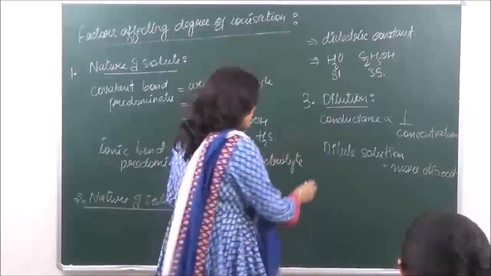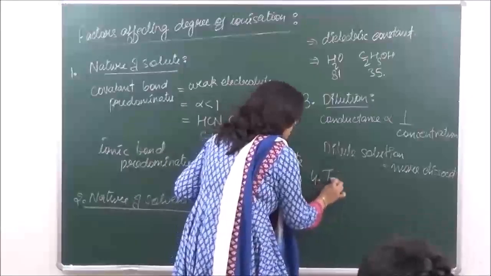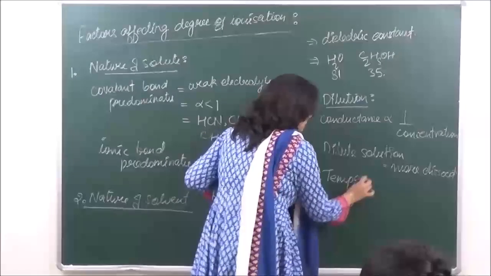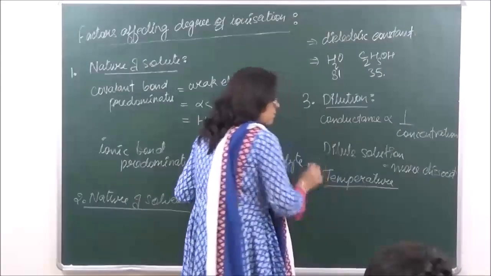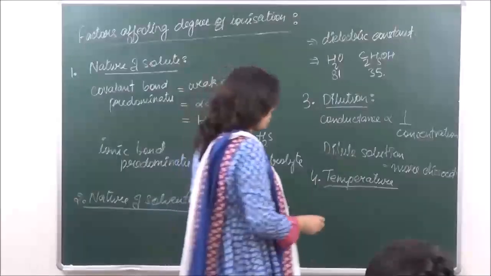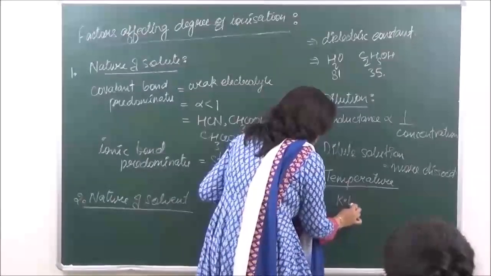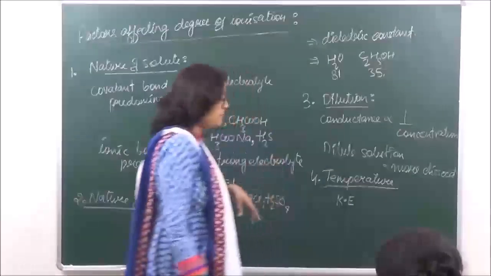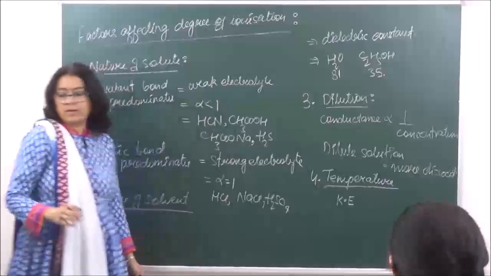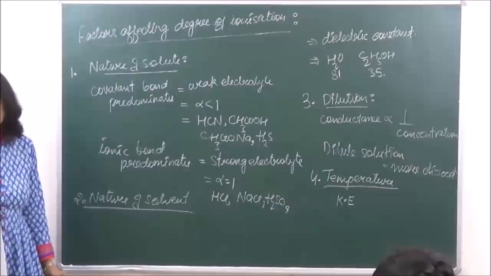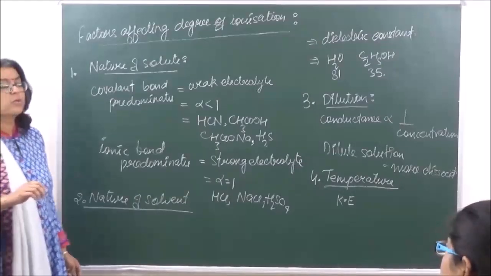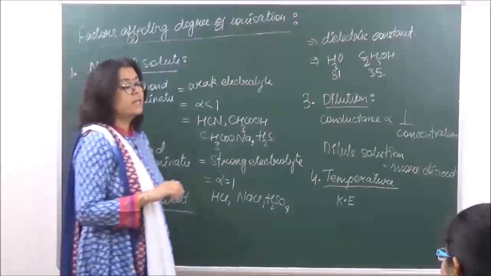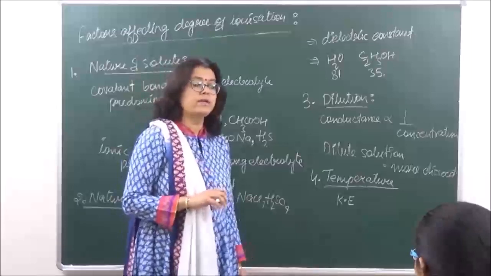Then the last is temperature. As the temperature increases, the kinetic energy of the molecules also increases. If the kinetic energy increases, the forces of attraction will break. The speeds of the molecules will increase and hence the degree of dissociation will also increase.